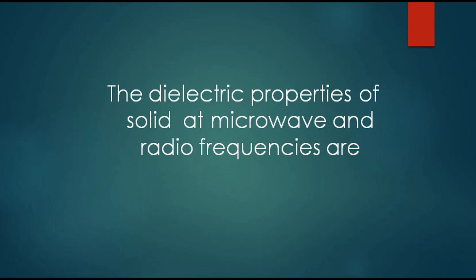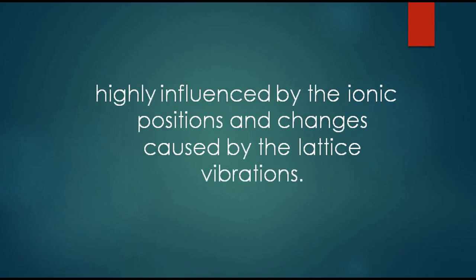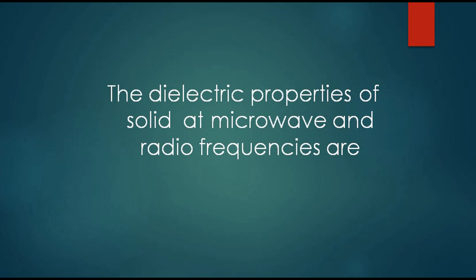So in that case, the dielectric properties of solids at microwave and radio frequencies are highly influenced by the ionic positions and changes caused by the lattice vibration. Just as I said, in that microwave, you can imagine once it has been plugged into electricity, maybe you vary it from 0 to 5, from 5 to 10, and so on, depending on how you want it.